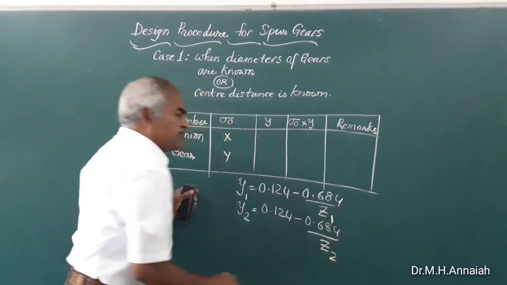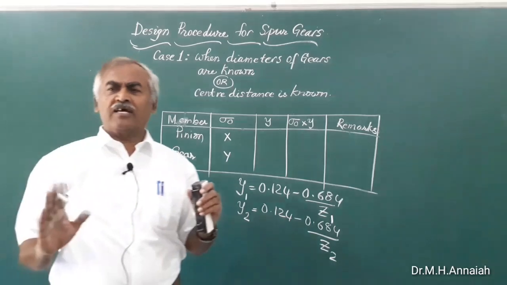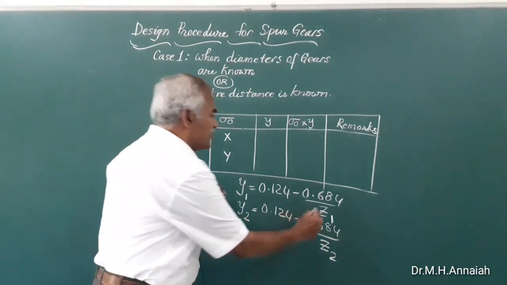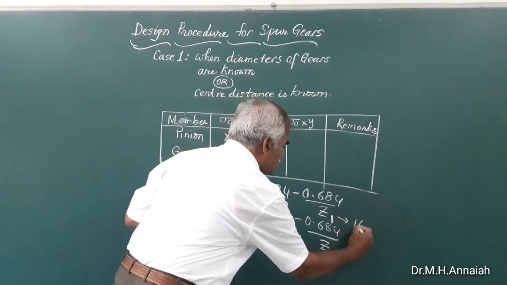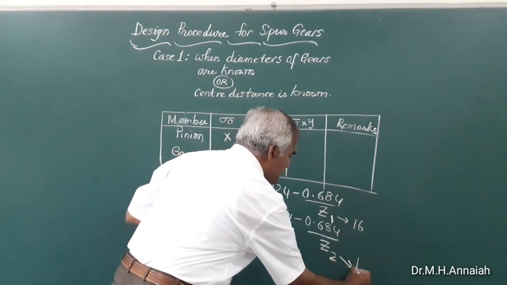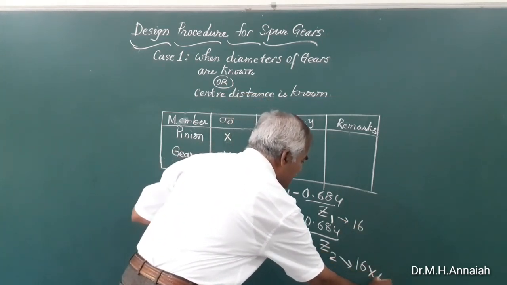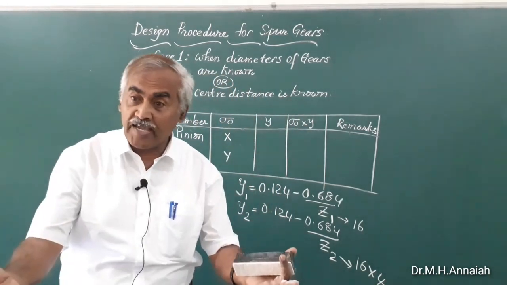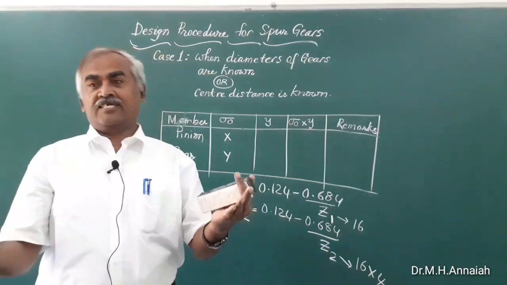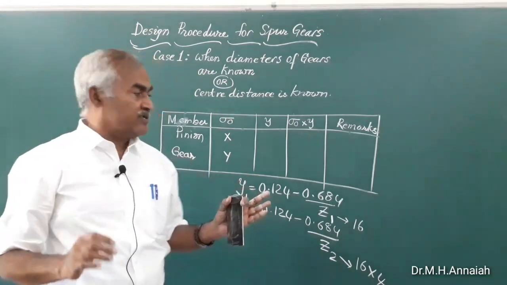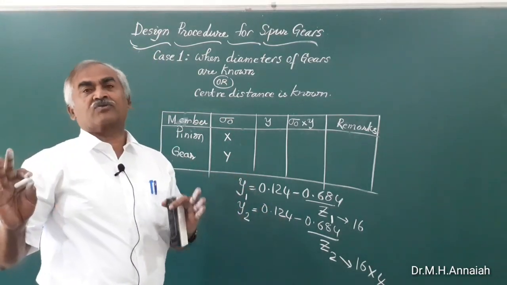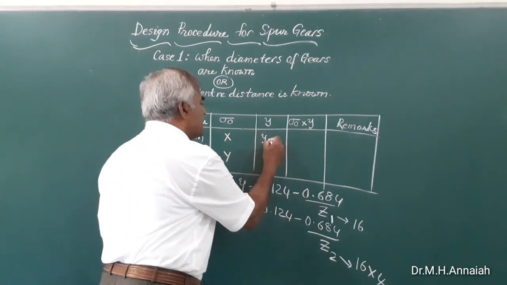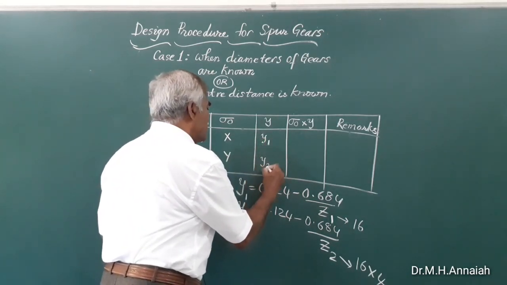Here z1 and z2 can be assumed. Say z1 is 16 if you assume, and z2 could be 16 multiplied by the transmission ratio, say 4. If it is 5, 16 into 5. If it is 6, 16 into 6. This way we are going to find out these values Y1 and Y2. Say I get some value Y1 here, and a value Y2 here.